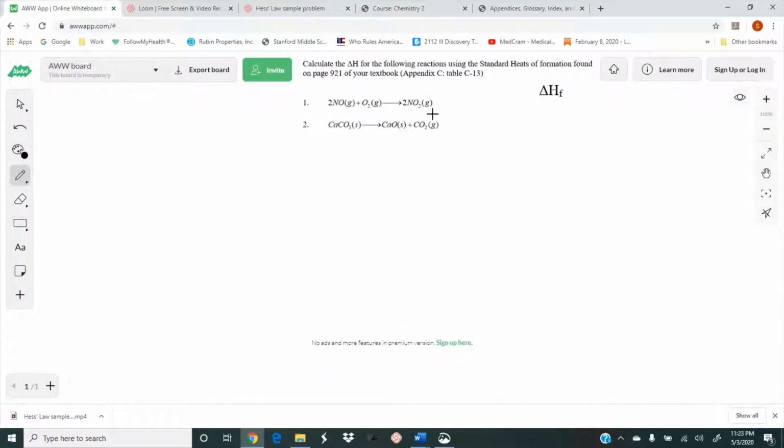So let's try to figure out delta H for a couple of chemical reactions. Chemical reaction 1 is NO plus O2 goes to form 2NO2. The second one is CaCO3 breaks down to CaO plus CO2. We're going to use the heats of formation.